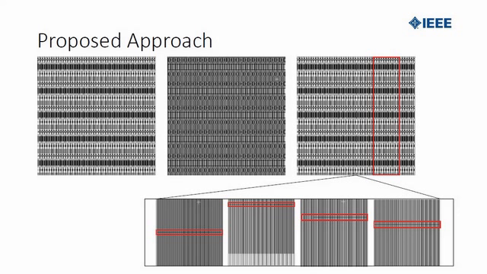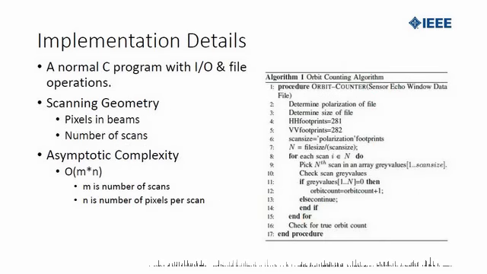Now the implementation details have been shown, that using this particular black shape, an algorithm can be proposed to identify this black shape, which can consider a scanned image in terms of predefined pixels and number of scans, and also can identify the number of orbits from it.